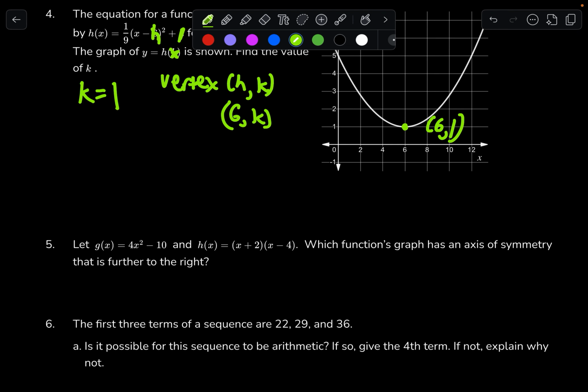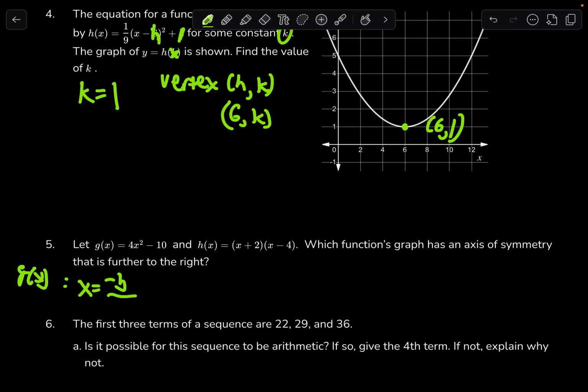Now, number 5. Let g of x equal 4x squared minus 10, and h of x equals (x plus 2) times (x minus 4). Which function's graph has an axis of symmetry that is further to the right? Well, looking at g of x, we know that the axis of symmetry, when it's written in standard form like this, is x equals the opposite of b over 2a.